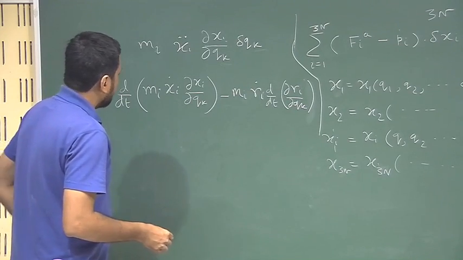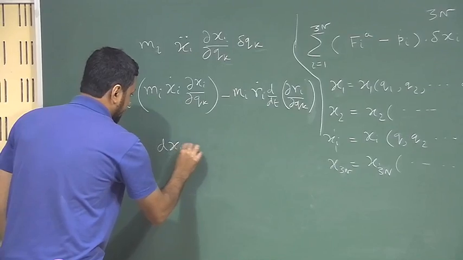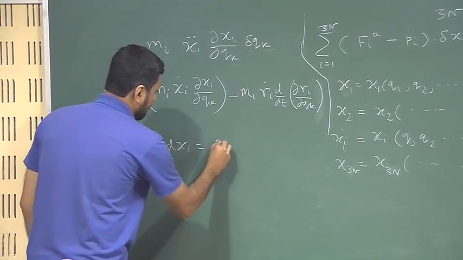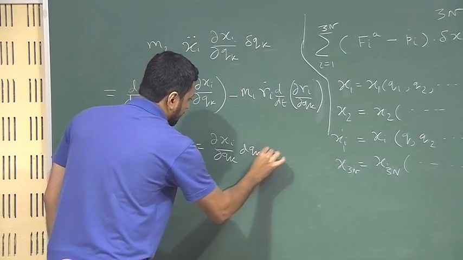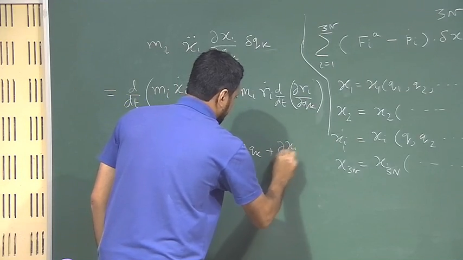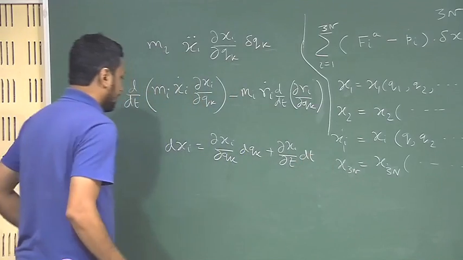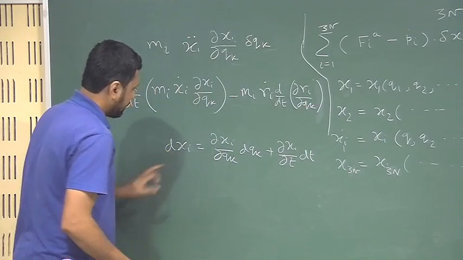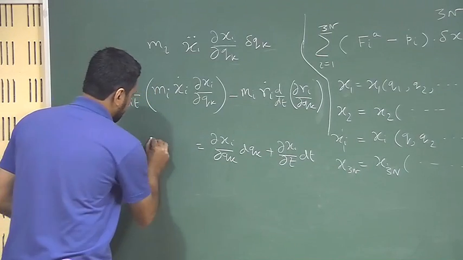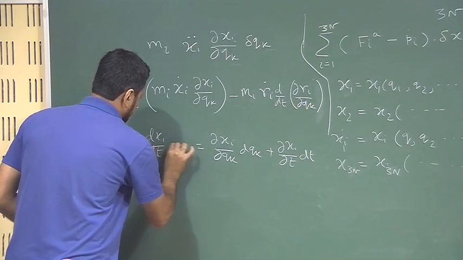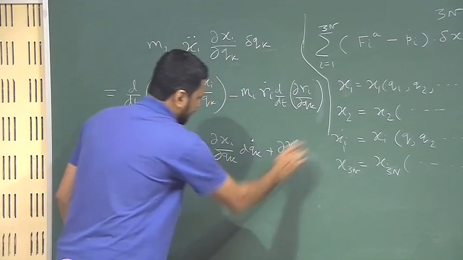Now, there is another thing I would like to point out. dxi is equal to del xi del qk dqk plus del xi del t dt. So if I write the total time derivative, which is dxi dt, which is xi dot, this will come down.